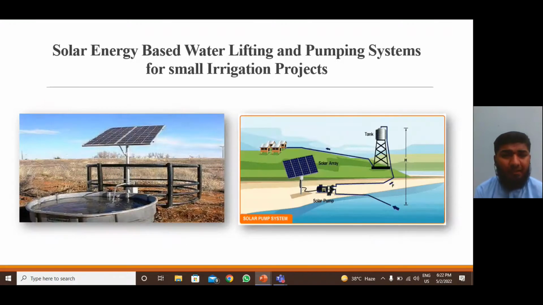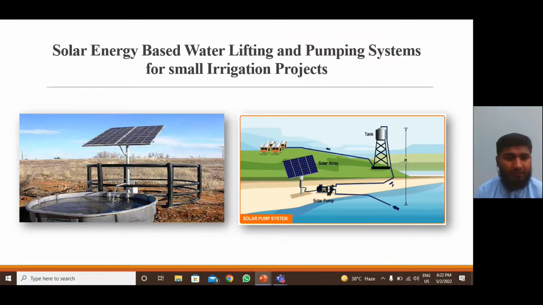These are some solar energy based water lifting and pumping systems established both in desert areas as well as in areas where water is in excess amount. In desert areas, because of hot weather conditions, the solar water pump system has high importance.